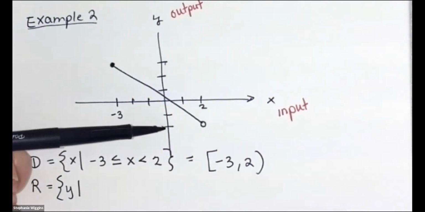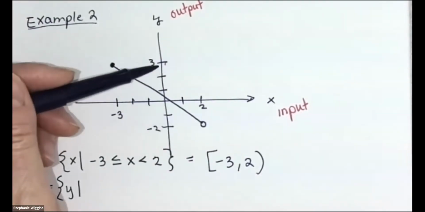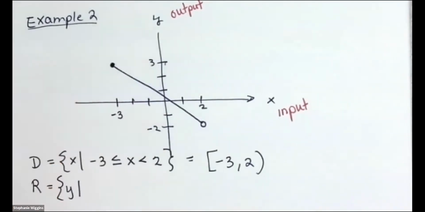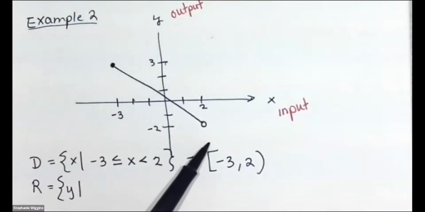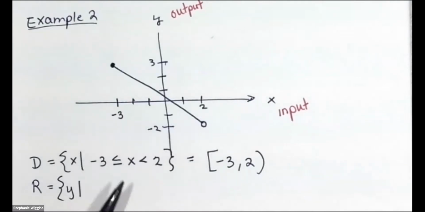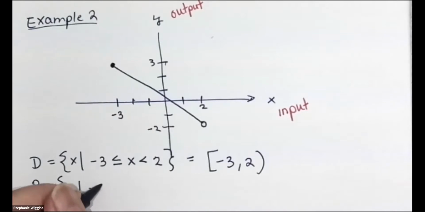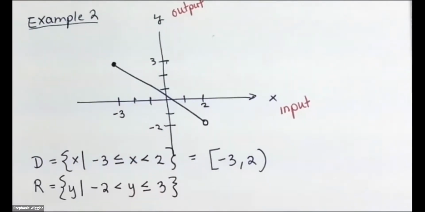But everything between -2 and 3 is in the range. Notice that my motion is vertical now. The function doesn't exist above 3 because it's blank up here, and it doesn't exist below -2. It's also blank right in that circle. So it would be the set of all y such that -2 is strictly less than y, which is less than or equal to 3. That's set builder notation.